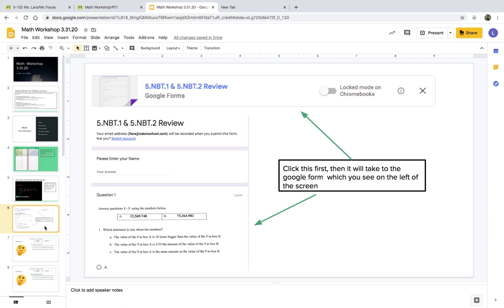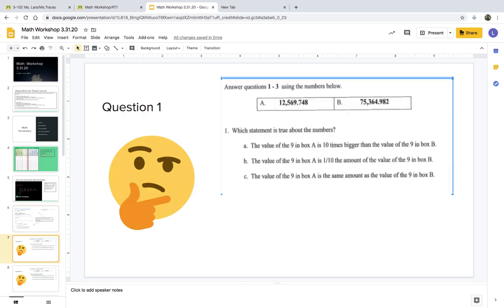Question number 1. Answer questions 1 through 3 using the numbers below. A. 12,569 and 748 thousandths. And B is 75,364 and 982 thousandths.